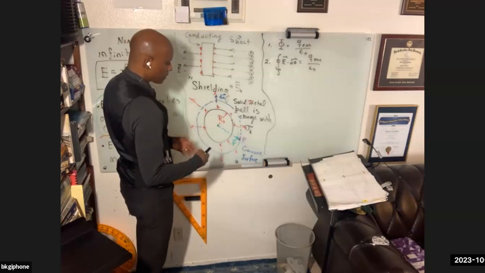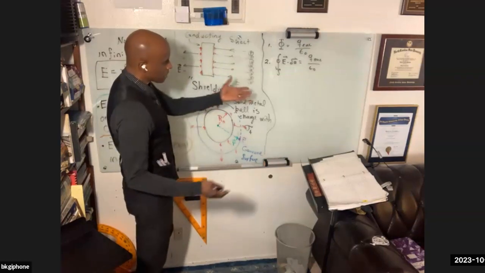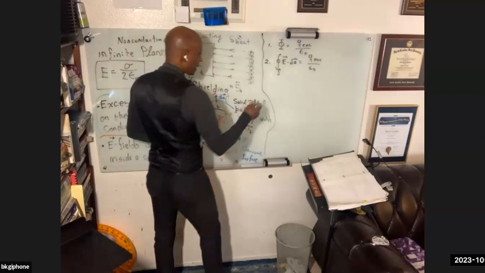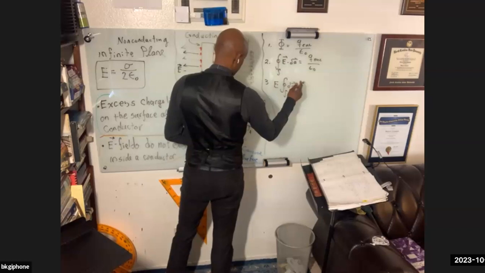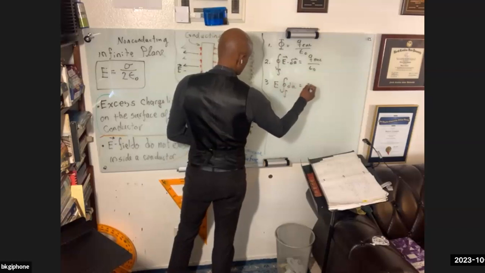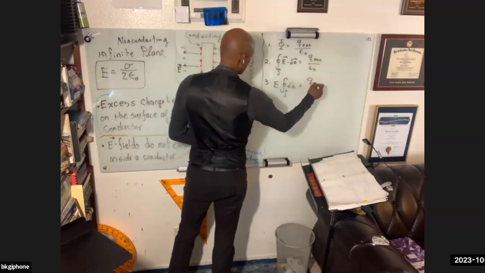So the electric field should be the same, which means it's constant and comes out of the integral. And so we just have E times the integral over the closed surface of dA equals total charge enclosed divided by epsilon naught.